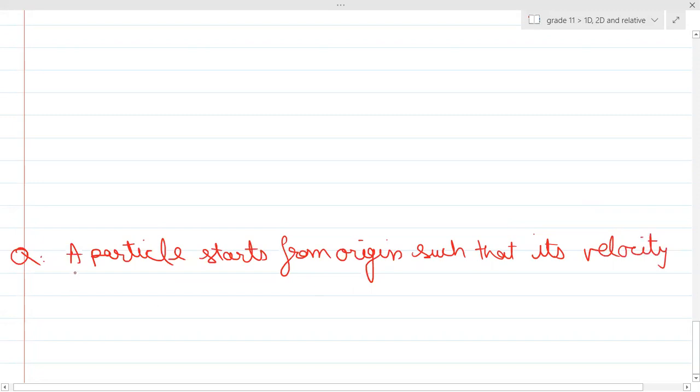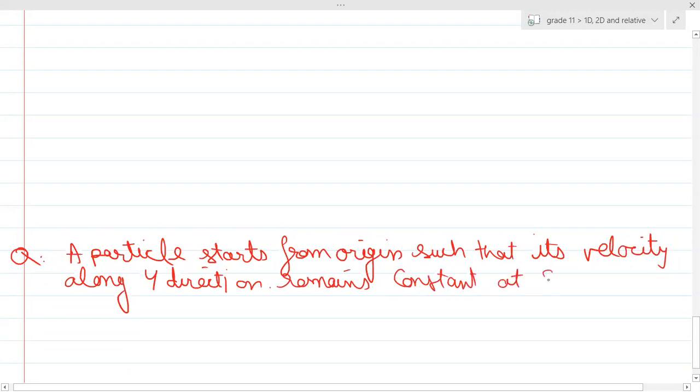A particle starts from the origin such that its velocity along the y direction remains constant at 2 meters per second. Full stop.